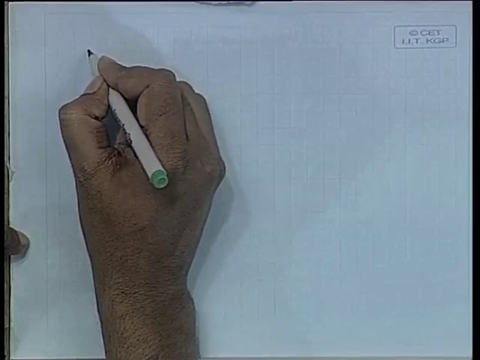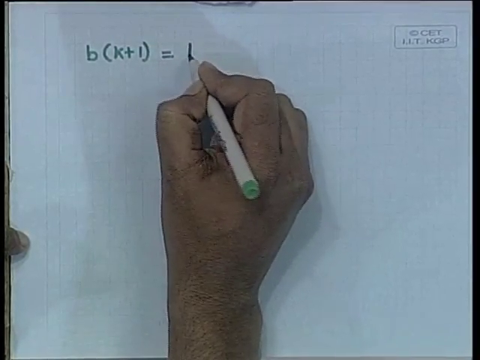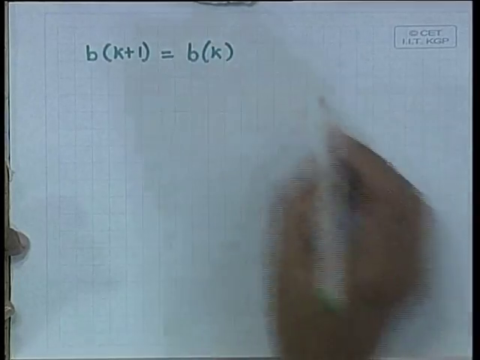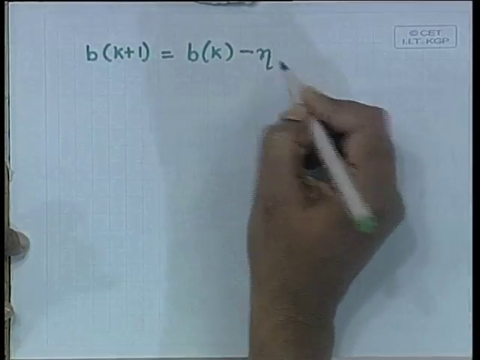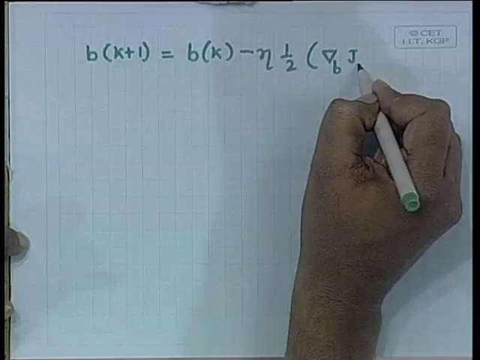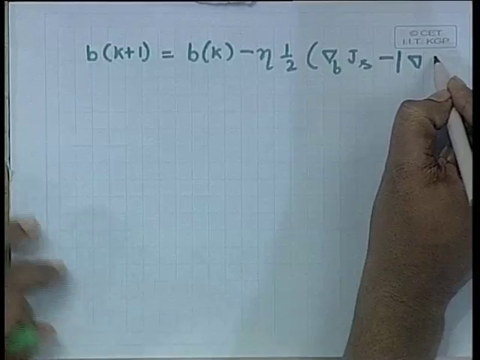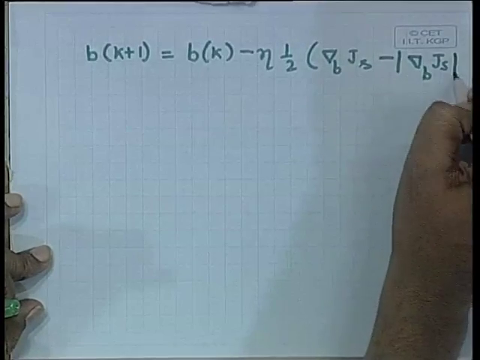We can only allow increments of the components of b, not reductions. So at every iteration I can have b(k+1) equal to b(k) minus eta, the rate of convergence, times half of the gradient of J_s with respect to b minus the modulus of the gradient of J_s with respect to b.